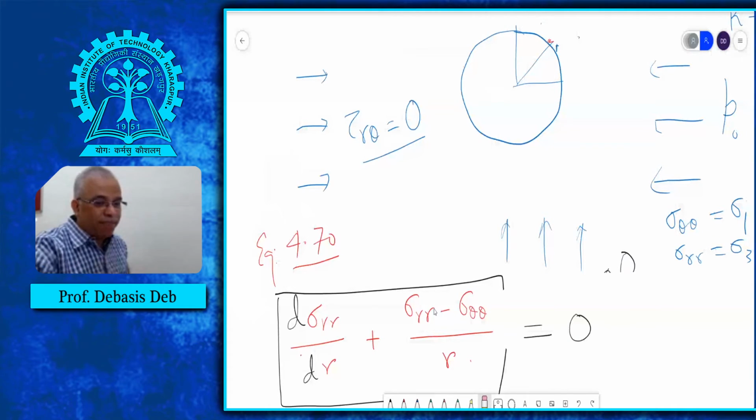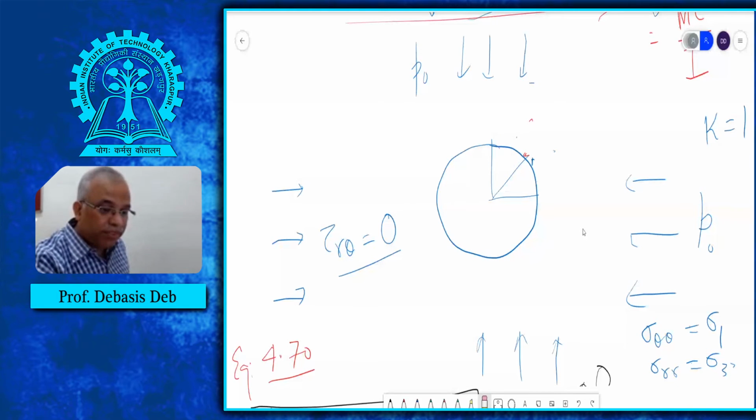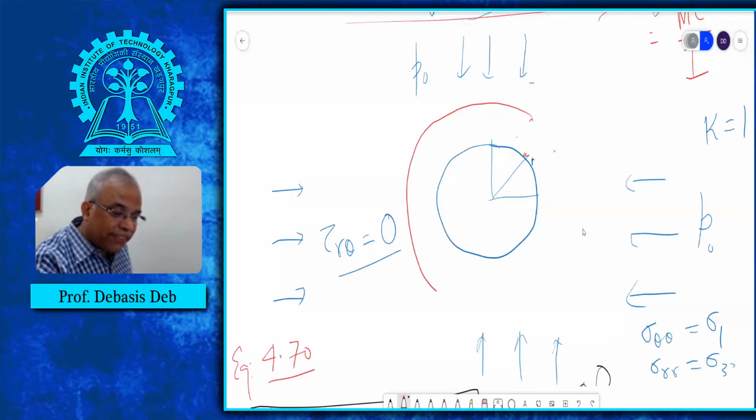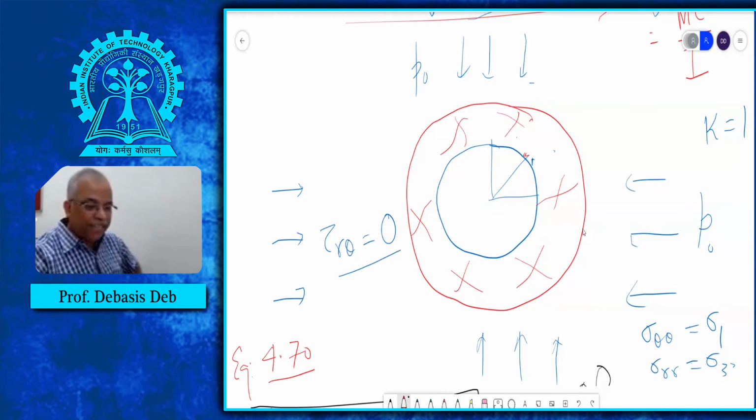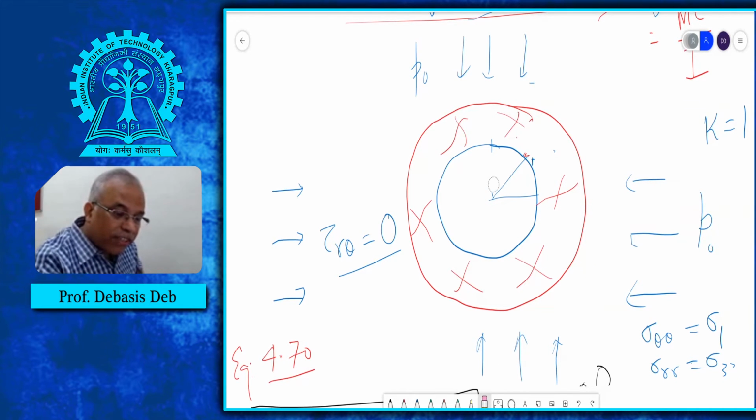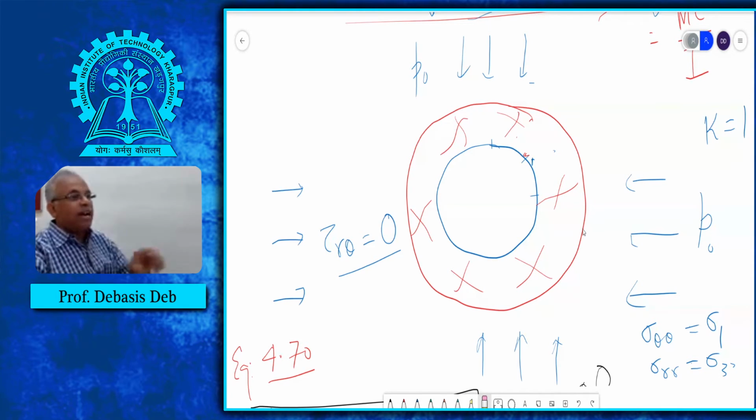That means failure will be the same everywhere. So whatever the radius may be, this entire zone will be fractured, depending on the rock property. Definitely, this is the region where it will fail, and this will be another circle because it's theta independent.